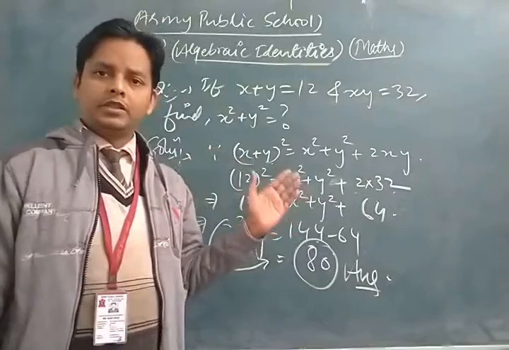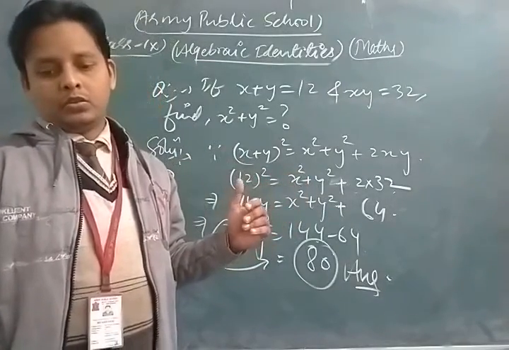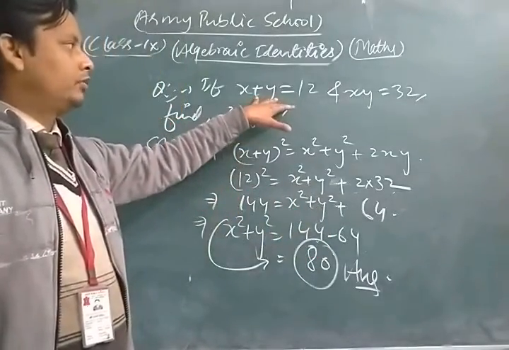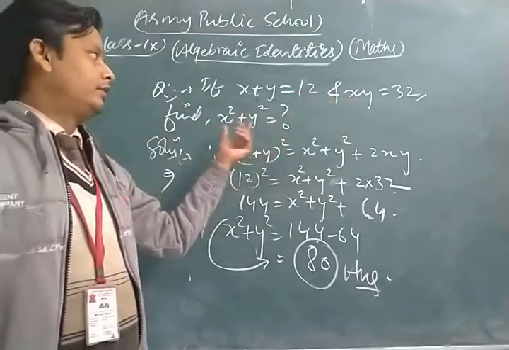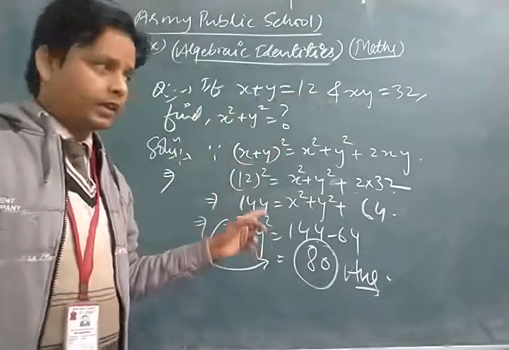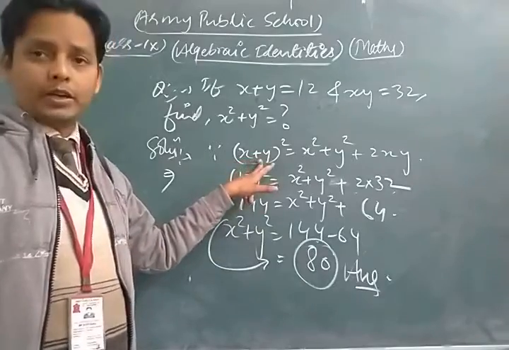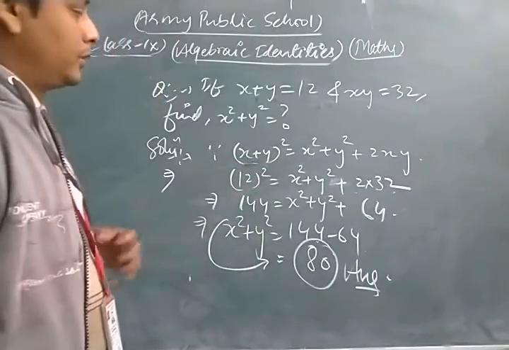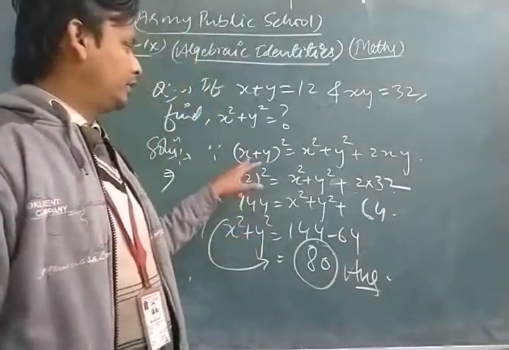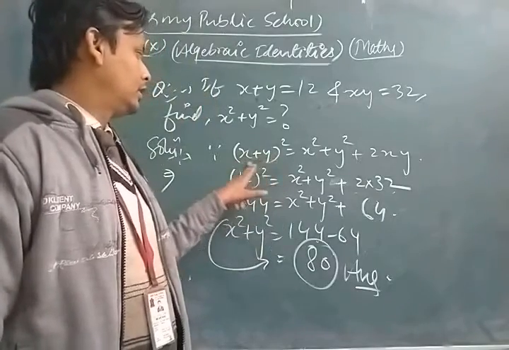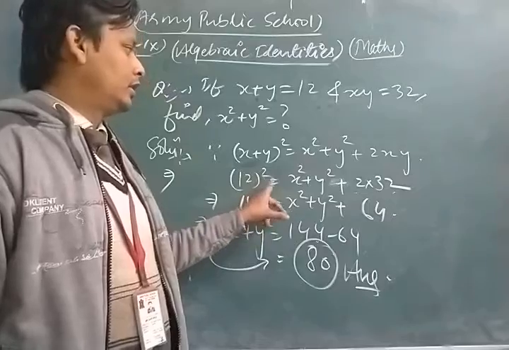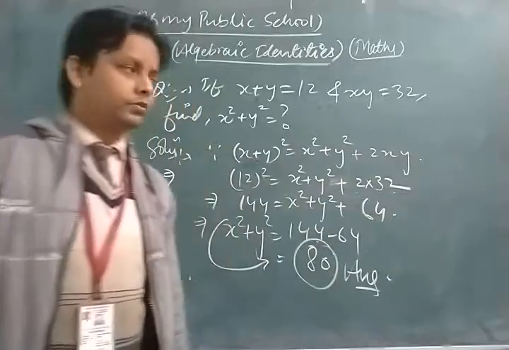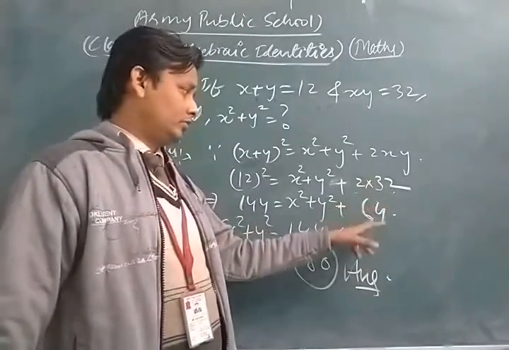So dear students, in this way you can solve that type of questions. First of all, we have the value of x plus y and x into y, and we find the value of x square plus y square. So for that, dear students, we apply the formula a plus b whole square, which means a square plus b square plus 2ab, and from there we put the value of x plus y as 12 square is equal to x square plus y square plus 2 times xy, which is 32.